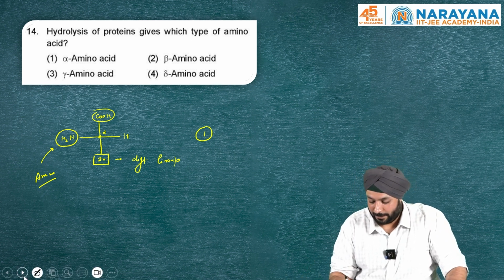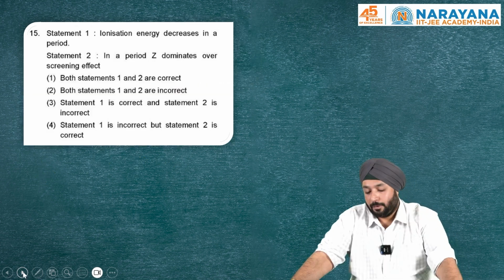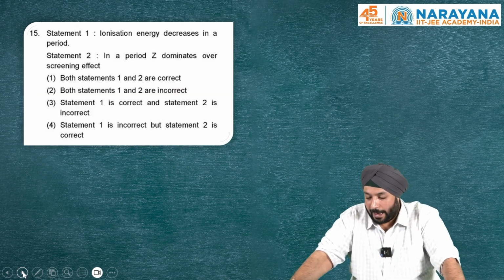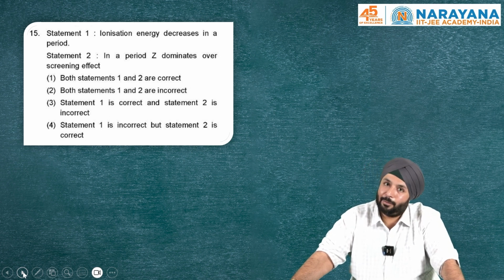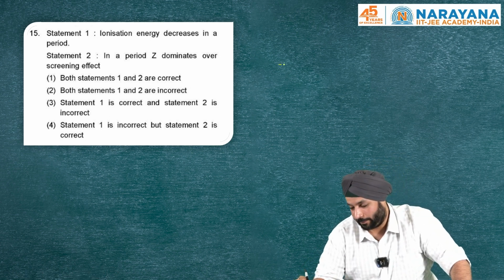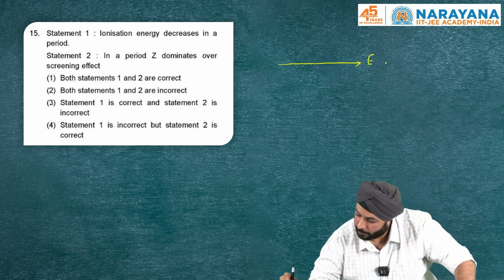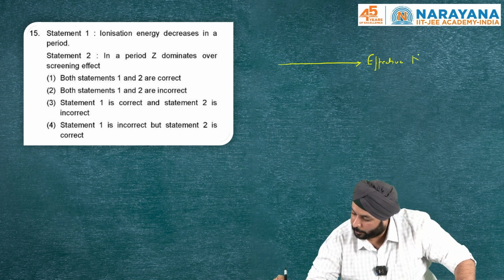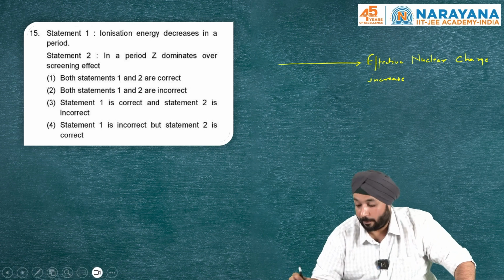Okay. We'll move ahead. Question number 15, statement 1. Ionization energy decreases in a period. Every one of us knows that on moving along a period, effective nuclear charge increases. Why does it increase?